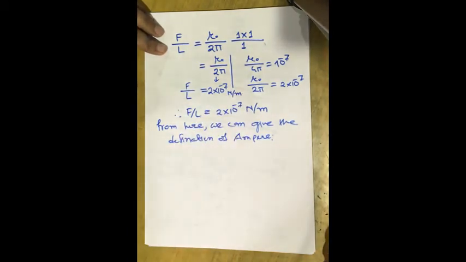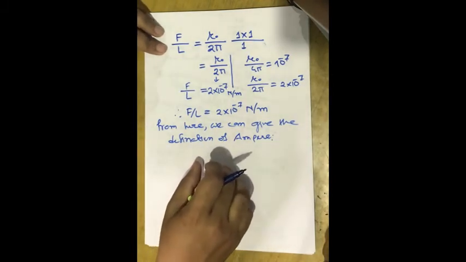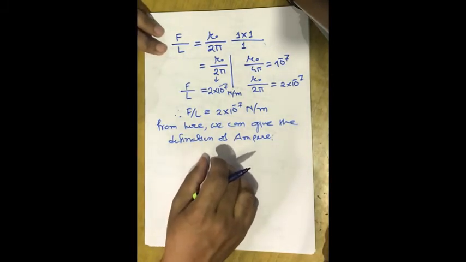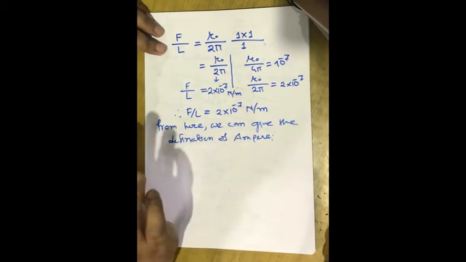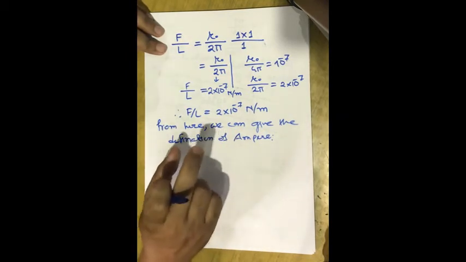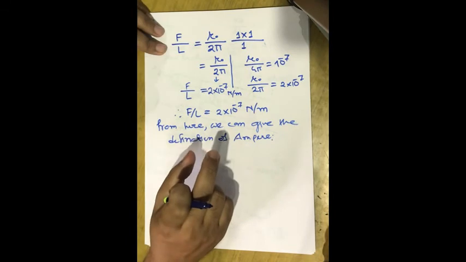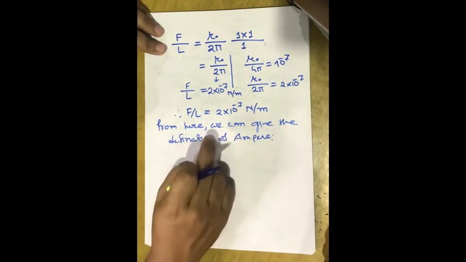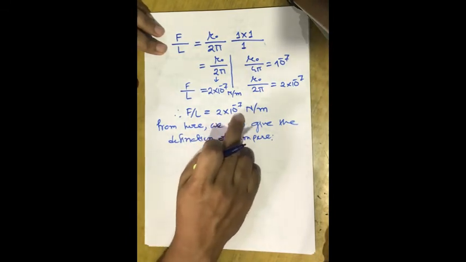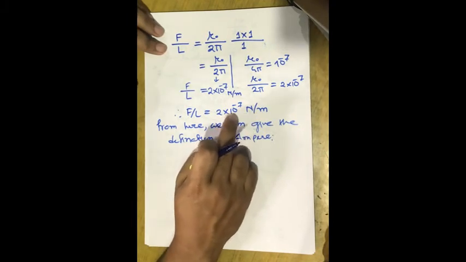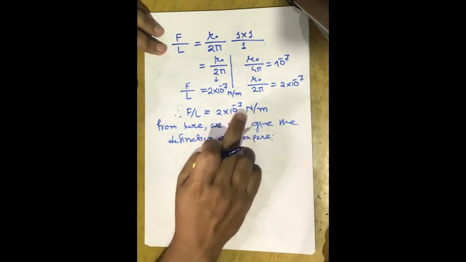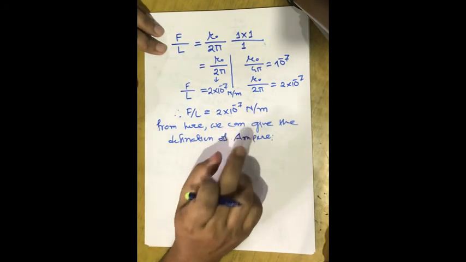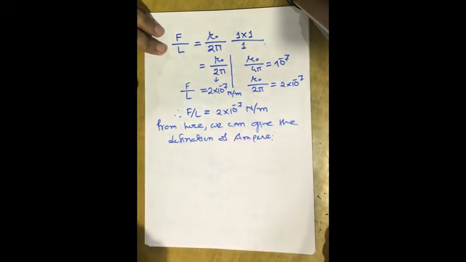So I repeat again, 1 ampere is that current if present in each of two parallel conductors of infinite length and 1 meter apart in empty space, then it causes each conductor to experience a force exactly equal to 2 into 10 to the power minus 7 Newton per meter.